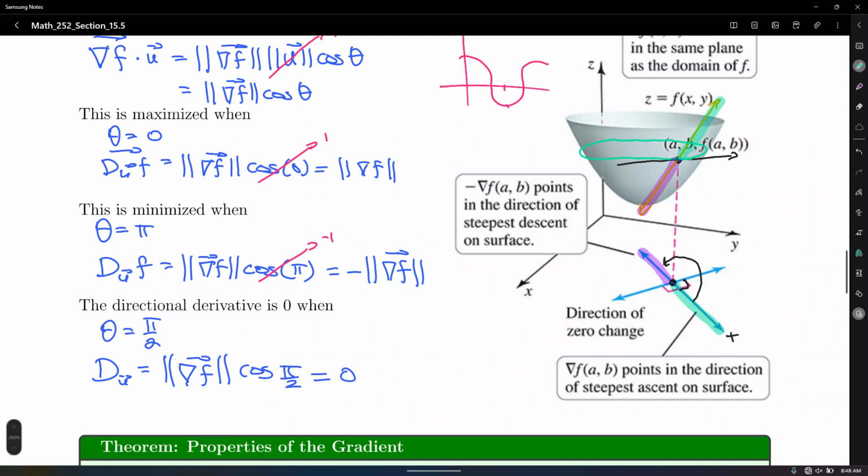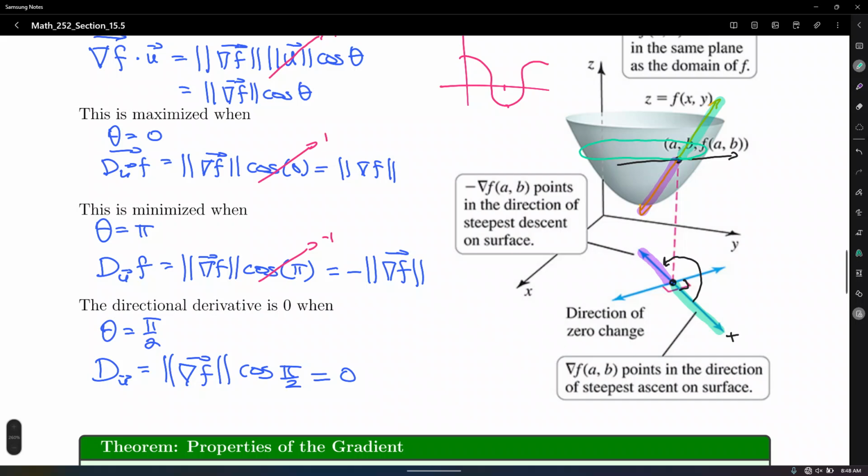Remember how we described those level curves in terms of applications, as isothermals or isometrics, I think it's called, for when you have the same height. I forget the name. So that's the direction in which you would have to go so that you're neither going up the hill nor going down the hill.